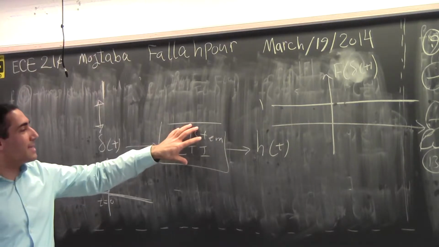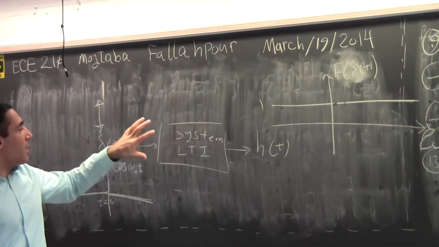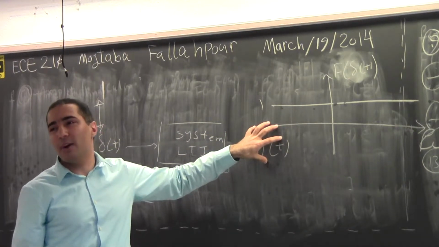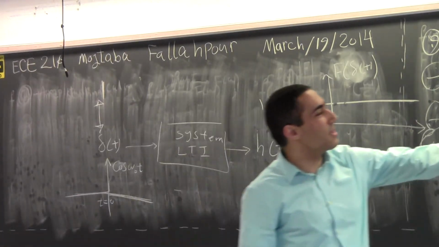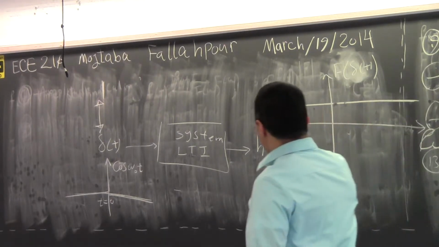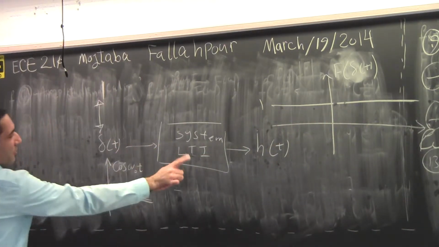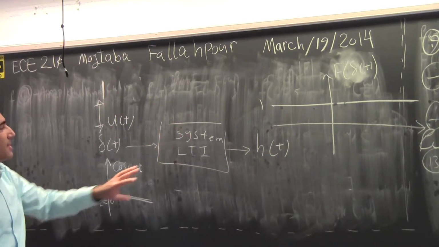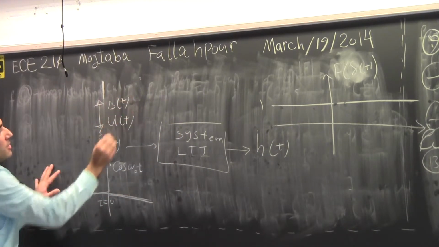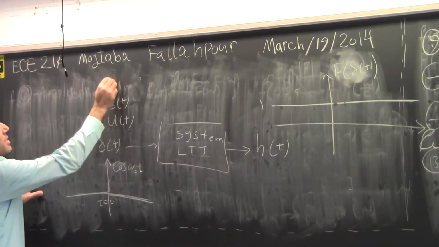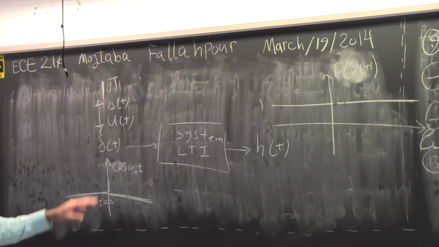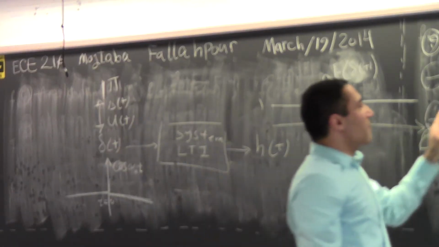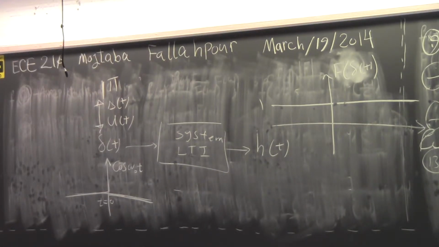So when my system reacts based on this input, I can use this in future for any other signal. And how? I can use this convolution. I can judge what's going to be the answer of this system to u t. I can judge the response of this signal to delta t. I can judge the response of this signal to any shape, rect function, just having the response h t. That's the beauty of convolution. That's where convolution comes into the picture.